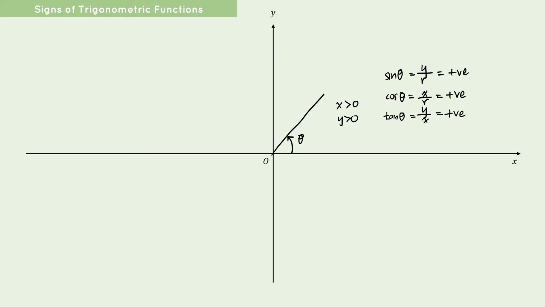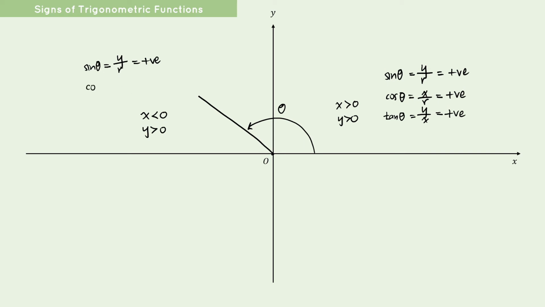Next, let's consider the second quadrant. Getting a little cluttered. In our second quadrant, x is less than 0, but y is more than 0. Likewise, sine theta is y over r. Since y is positive, this is positive. Cosine theta is x over r.